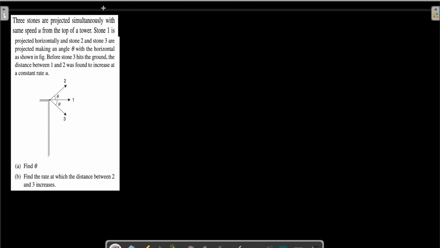Three stones are projected simultaneously with same speed u from the top of a tower. Stone 1 is projected horizontally and stones 2 and 3 are projected making an angle theta with horizontal as shown in figure. Before stone 3 hits the ground, the distance between 1 and 2 was found to increase at a constant rate u.